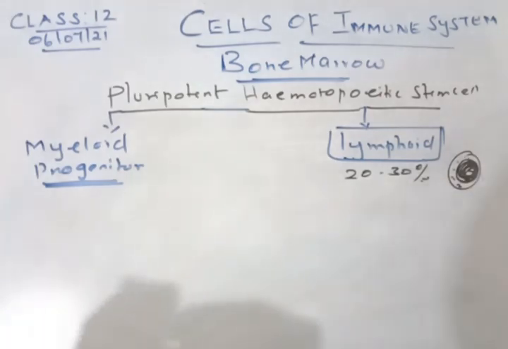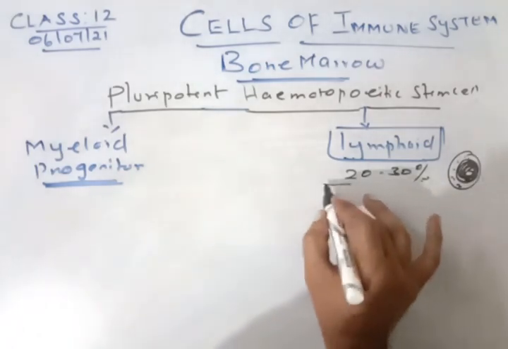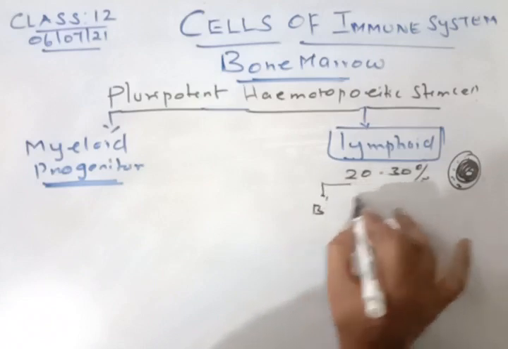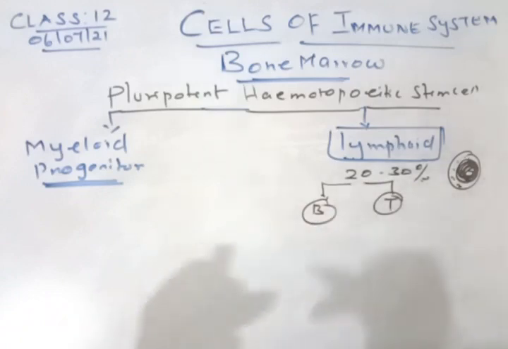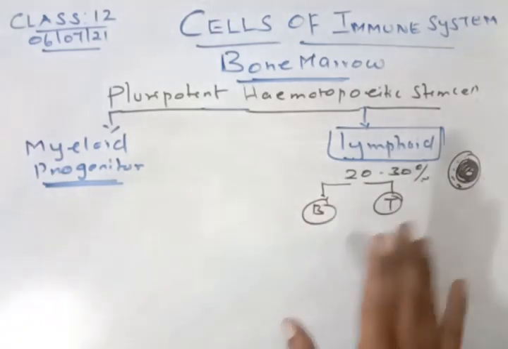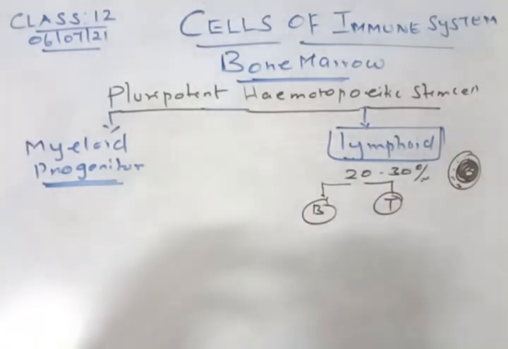Now, these cells we already studied, that is the B cells as well as the T cells. Clear? These are the two lymphocytes. Don't forget it. If you study CMI and AMI, we need these B cells and T cells. This lymphocyte has receptors, that is the B cell receptor.